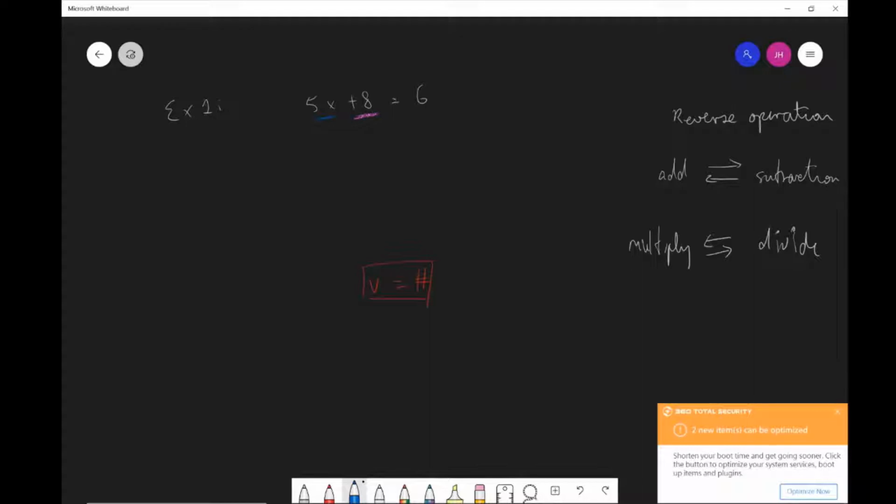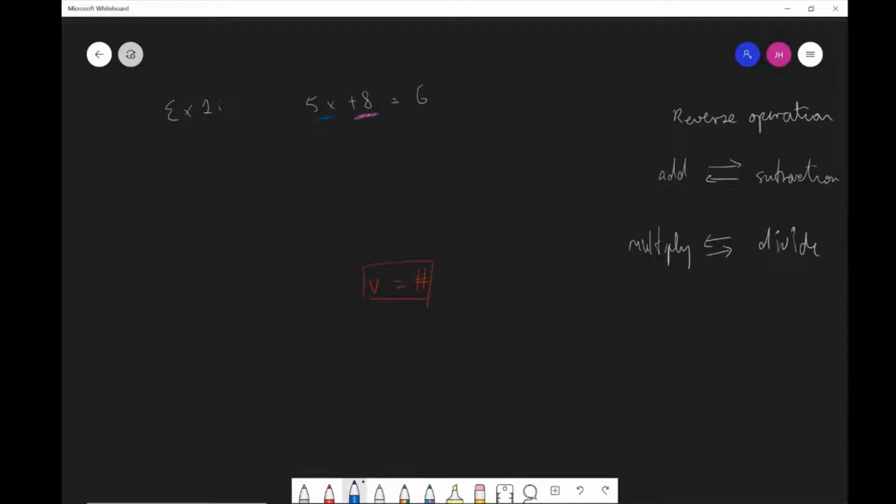Okay? And then you will work on your multiplications, divisions. So in the question itself, because there's a plus 8, the addition and subtraction will take priority. So we will minus 8 first as a reverse operation.